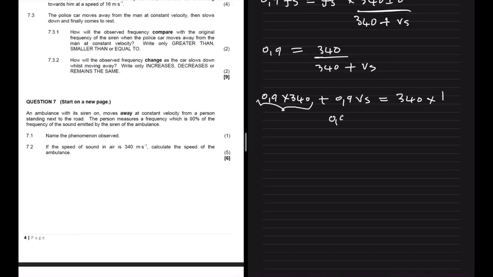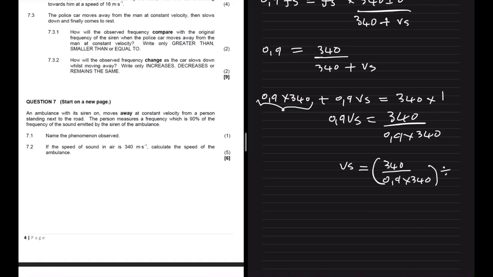So we're going to have 0.9 VS equals 340 minus 0.9 multiplied by 340. Now we divide both sides by 0.9, so VS equals 340 minus 0.9 multiplied by 340, all divided by 0.9. Now it's just a matter of putting that in the calculator.